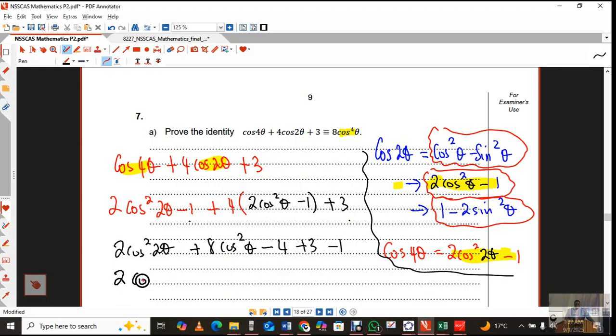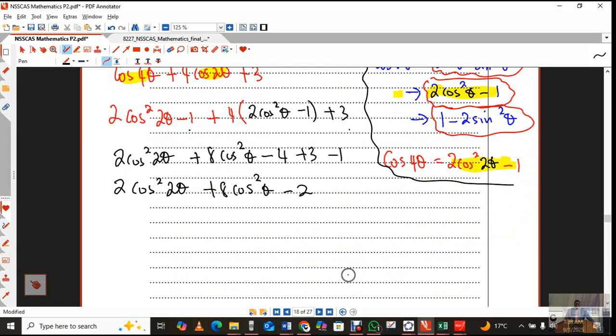This gives me 2 cos square 2 theta, plus 8 cos square theta, and you have minus 4 plus 3 is minus 1 minus 2.